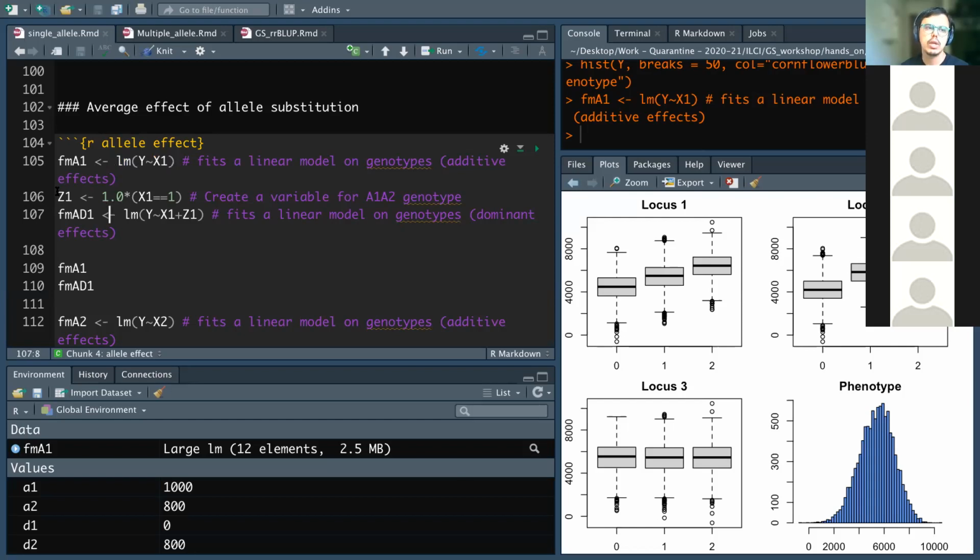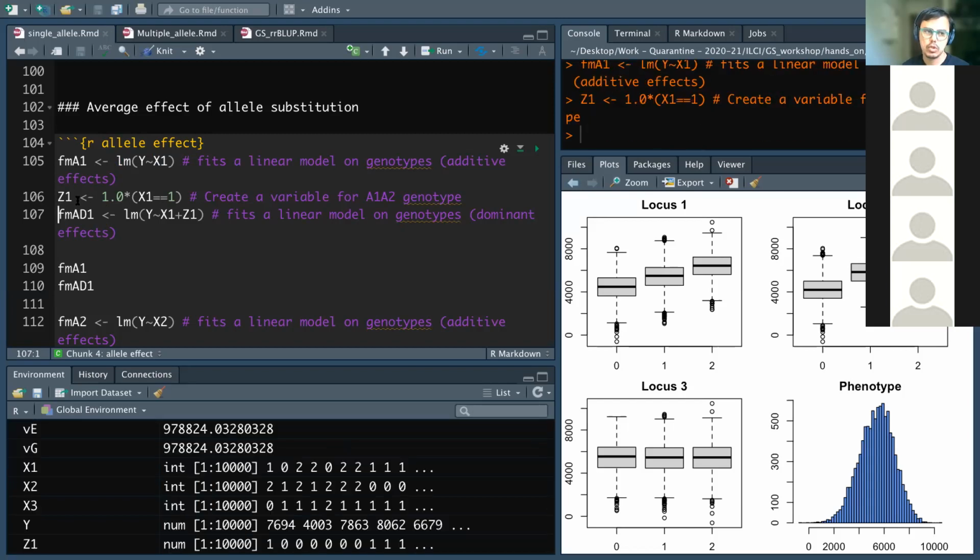But if we are interested in estimating the dominance effects in that locus, we have to take into account the heterozygous as well. So this is a dummy variable, just to replace all the data in the matrix of the genotypes and keep only the heterozygous lines.